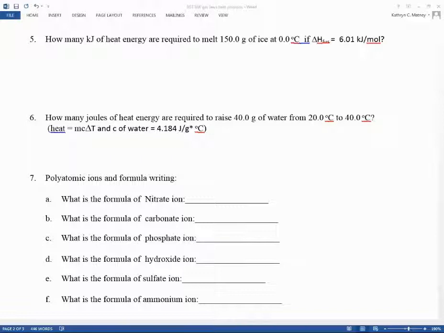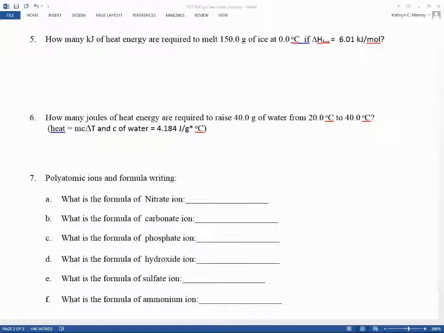And Ms. Matney's already taught you how to go from grams to moles, has she not? A long time ago, I taught you this, and you can never forget this: 18 grams of water, solid ice, makes 1 mole of water. Agreed?